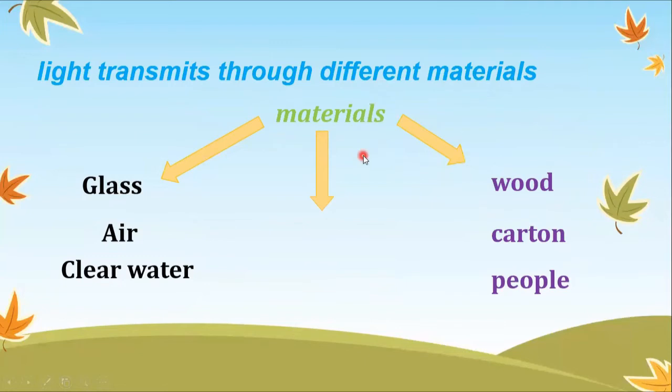And finally, type 3: I can see something behind it but I don't know what, like frosted glass and tissue paper.